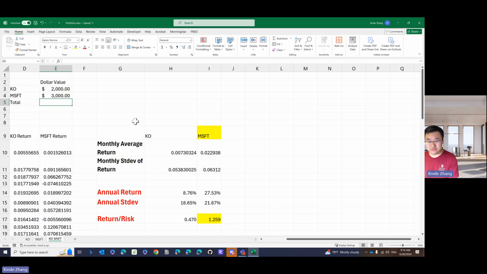To find out the total, I'm going to use the sum function: equals sum of Coca-Cola and Microsoft, E3 and E4. Close the parentheses. So in total I have 5,000.